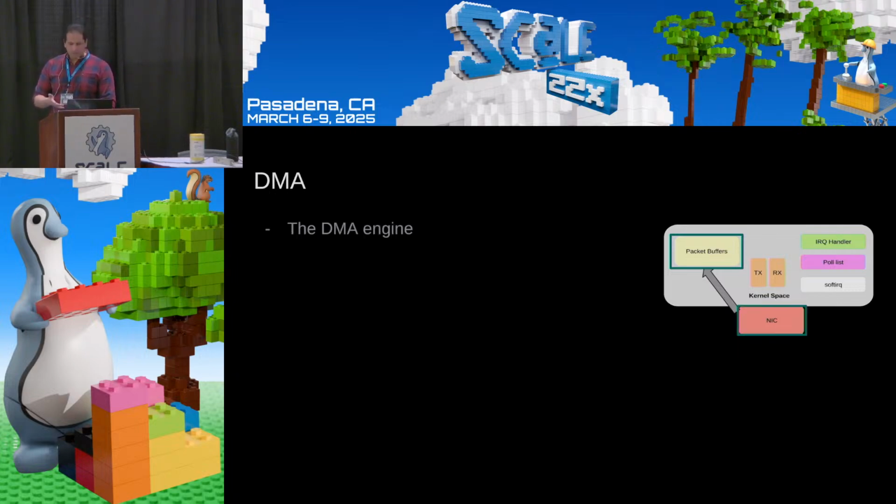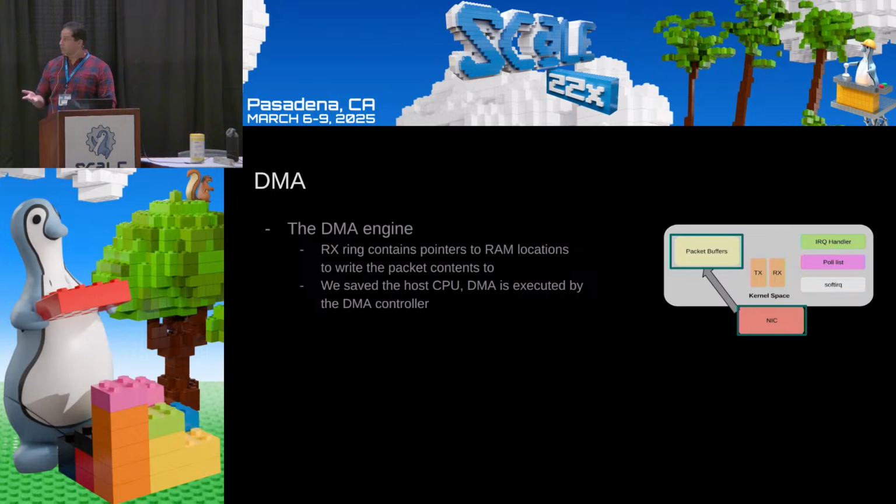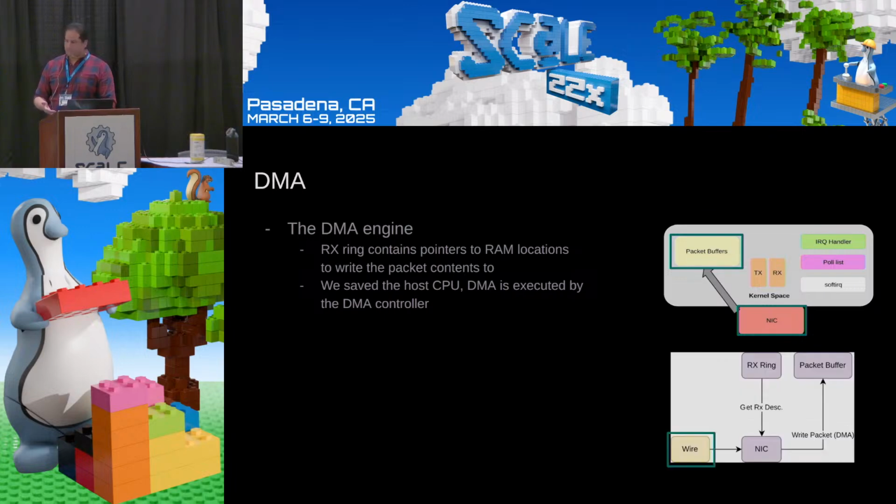The DMA engine on the NIC copies the data when it receives it to the packet buffers using the RX descriptors. As I mentioned, the RX ring contains pointers to RAM locations where to write the packets. And we save the host CPU cycles for copying. So the flow is as follows. You receive something on the wire.